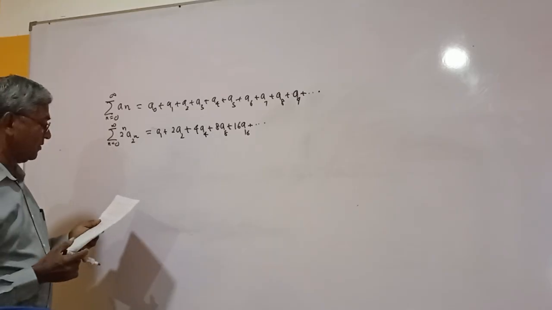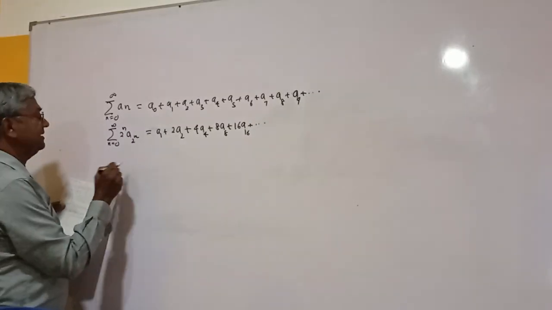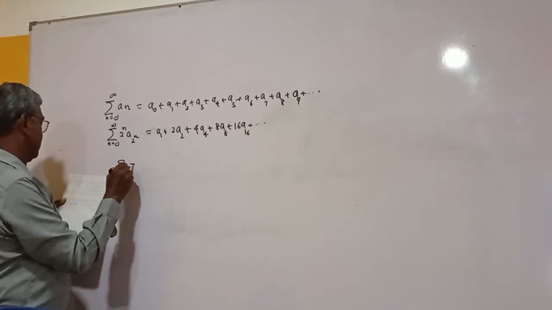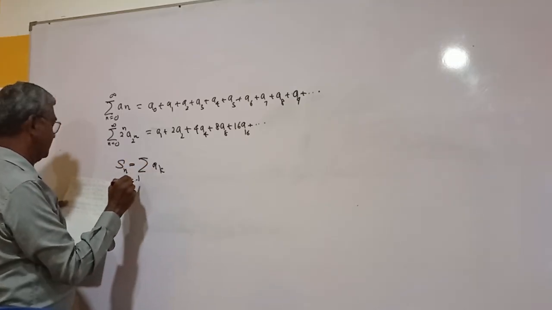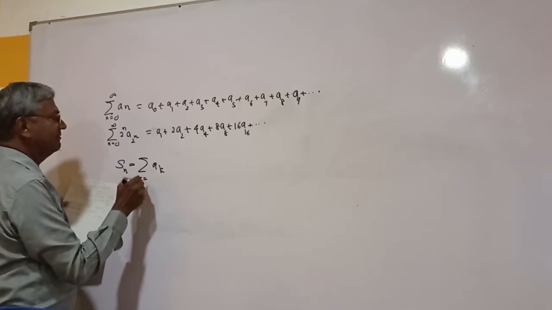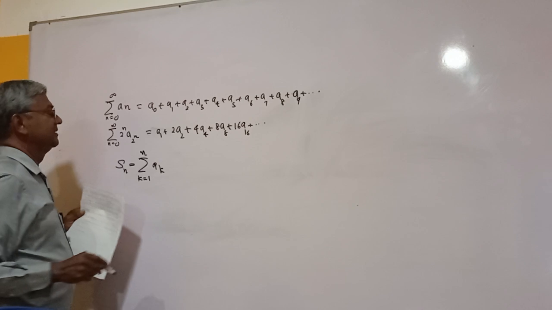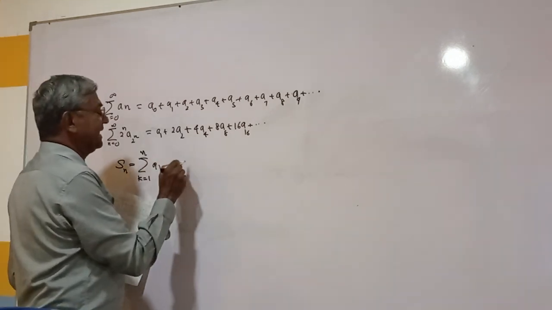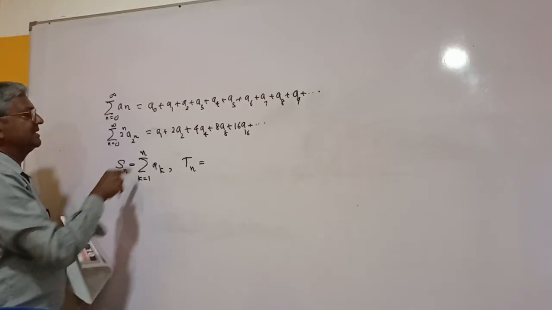Proof, of course, is in the book, but without writing the proof, I just write the idea only. You say Sn is, of course, the sum for k going 1 to n, and Tn is the partial sum of this series.